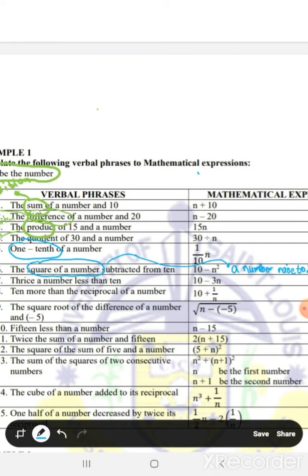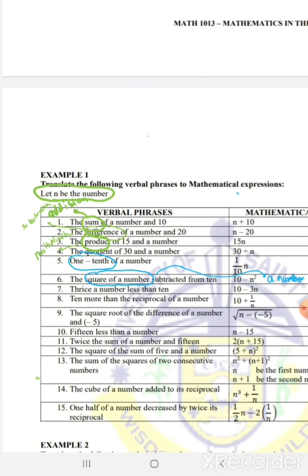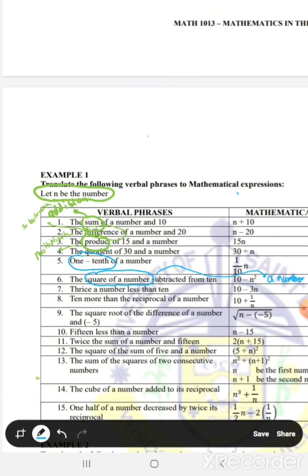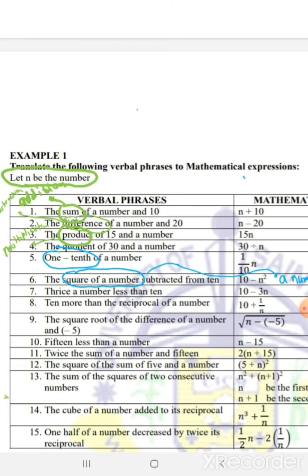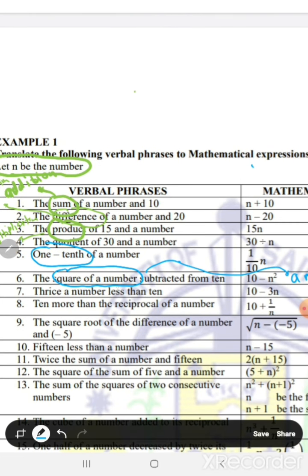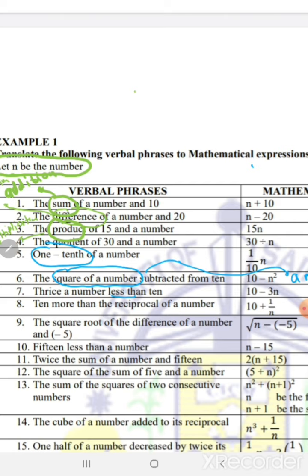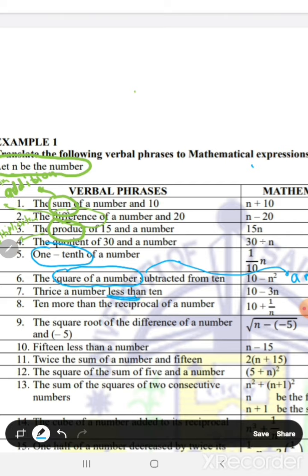Thrice a number less than 10. So, dito tayo, marami nagtanong dito about your less than. Which means you will subtract it to 10. Thrice a number subtracted to 10. You will subtract your number or your unknown number to 10.